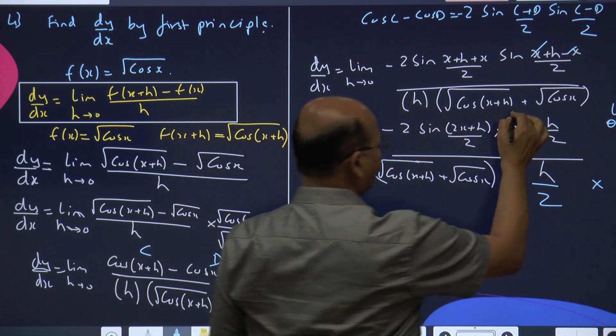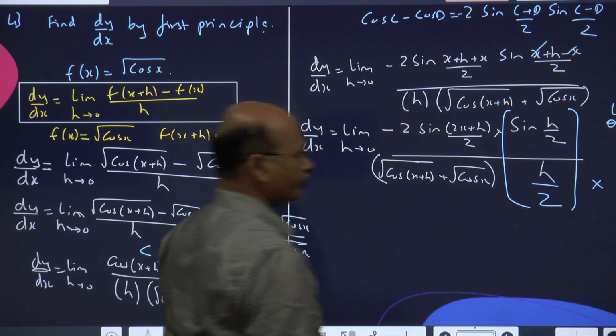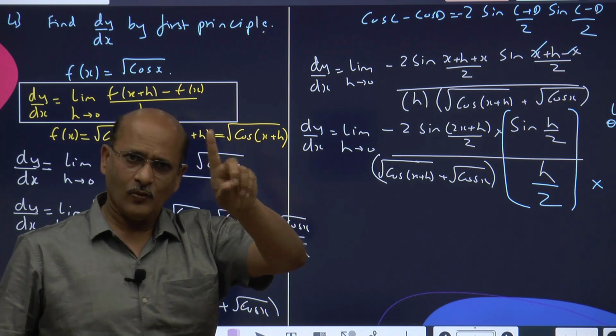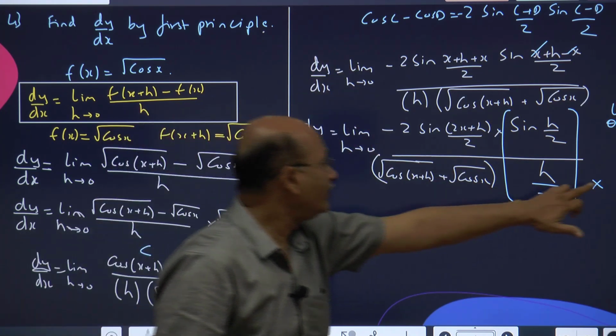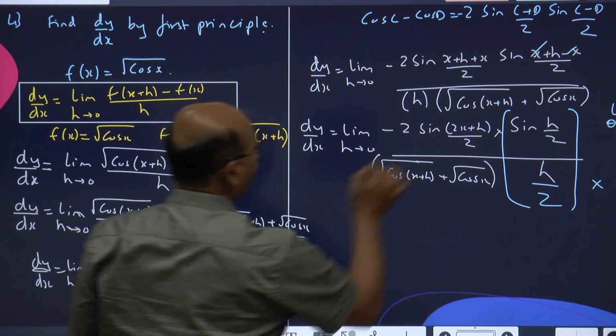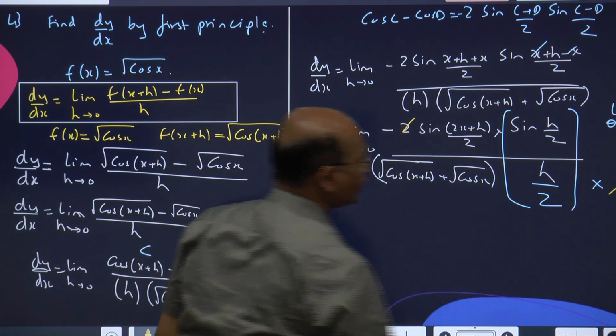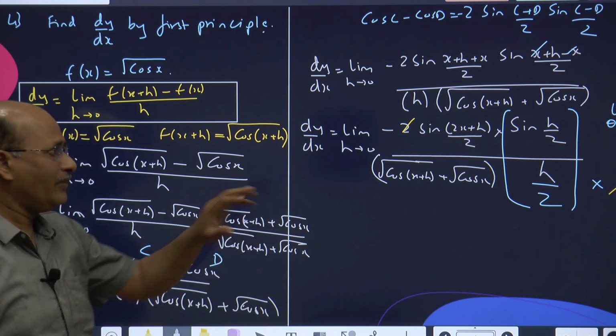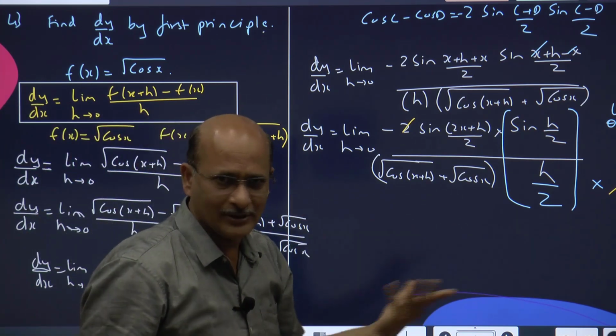So if you see this carefully, what will happen now? The limit of sin theta upon theta will become 1, so that sine goes off, and I can cancel this 2 and this 2 also. Now let me write down what is left. Remember it is just basic maths I am doing, not something different.